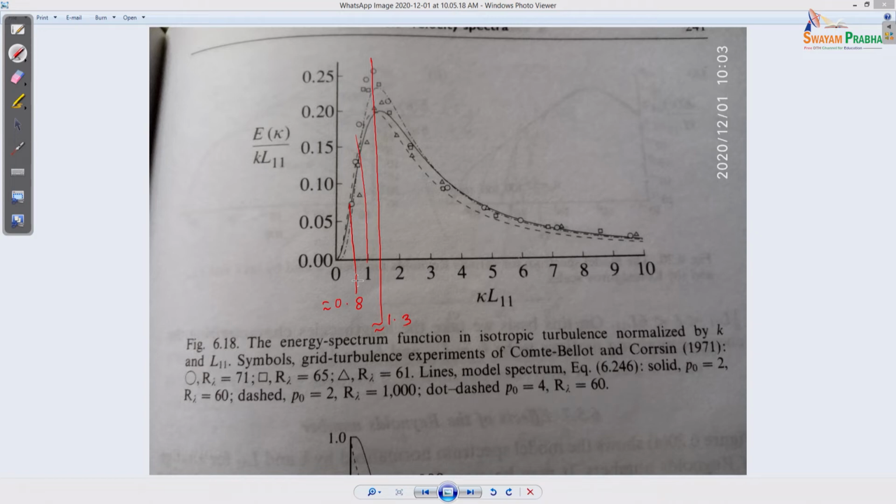If I take 8 times the integration scale as the domain size, it boils down in wave number space to k naught L11 being about 0.8, which is what we did.